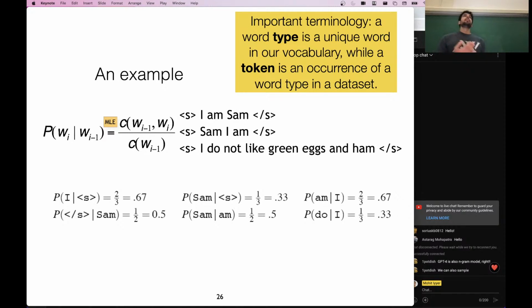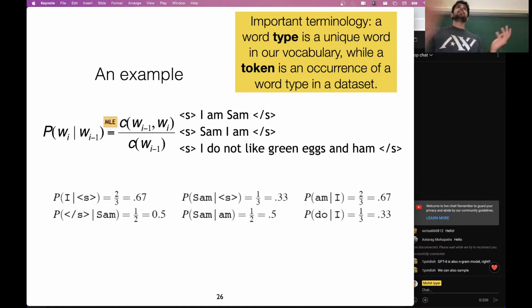However, a token is any occurrence of a word type. I could have multiple occurrences of the same word type in the corpus. Here there are 3 different tokens of the word I, but it's just one word type. So the type is a unique word in the vocabulary, and a token is an occurrence of any word type in the data that we have.